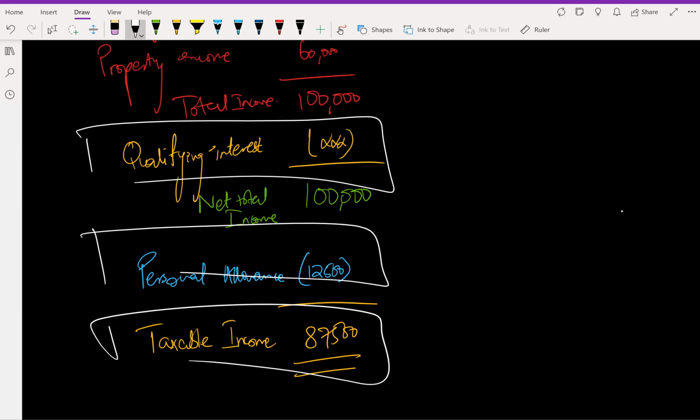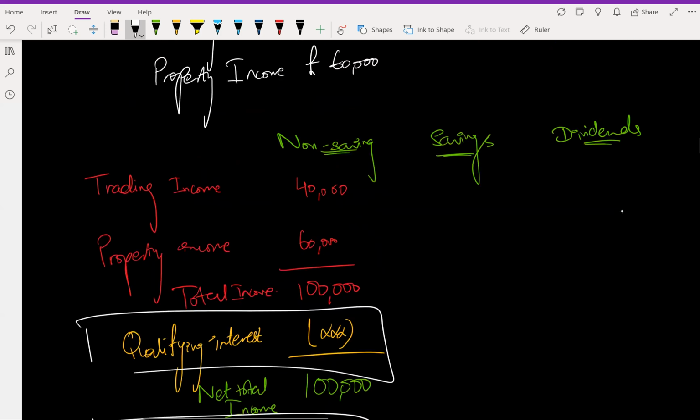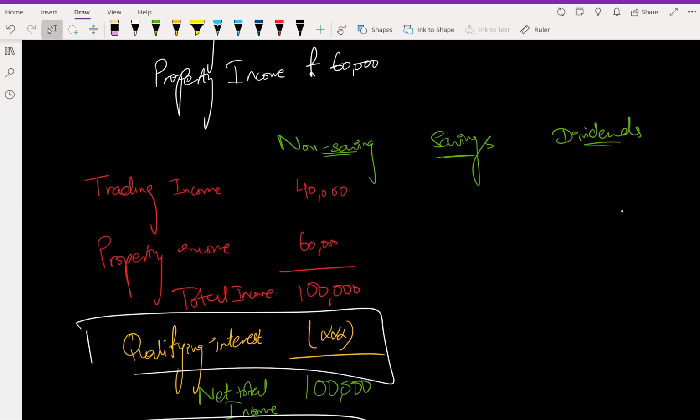Guys, when I take a loan to invest in my business, you're seeing these incomes: trading income, property income, employment income, pension income. Each and every income has its own profit and loss statement because they're separate incomes. So obviously separate income means separate expenses. So they have their own profit and loss statements, which we'll study topic by topic later on.